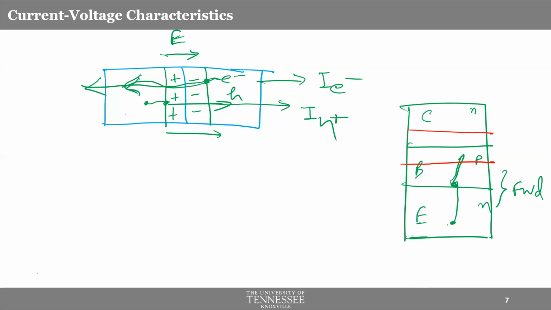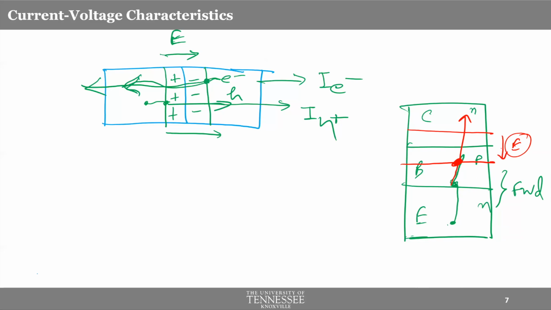Again, the electric field of the depletion layer is in this direction for a reverse biased base collector junction. So whenever the electron reaches this edge of the depletion region, they are grabbed by the electric field and they will go inside the collector very fast, driven by the electric field.